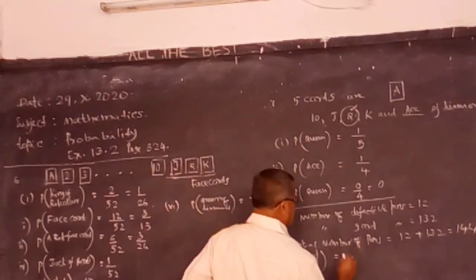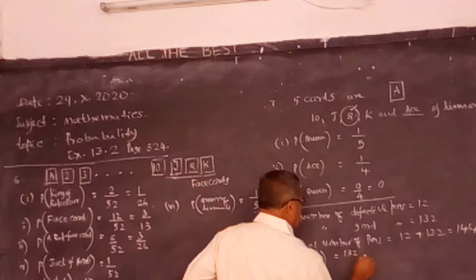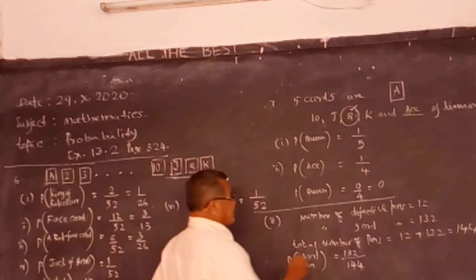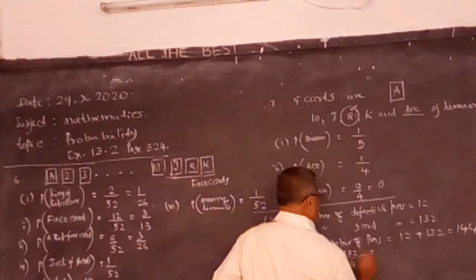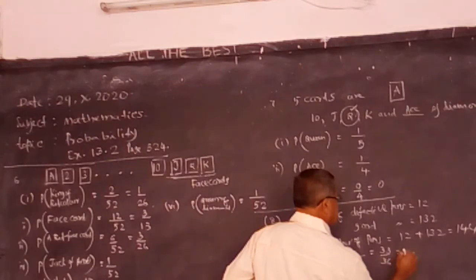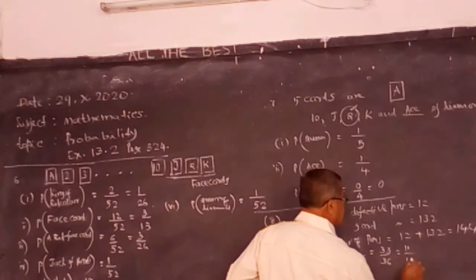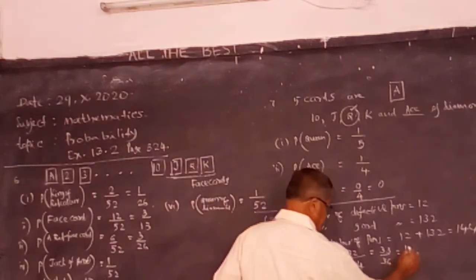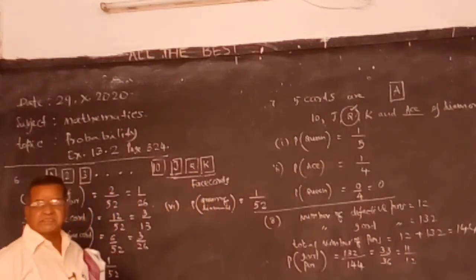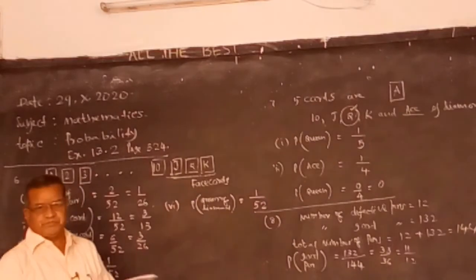Number of favorable outcomes 132 out of 144. Simplify, it is divisible by 4: 4 threes are 12, 4 thirty-threes are 132, and 4 thirty-sixes are 144. Again divisible by 12: 11 by 12. By simplification we get the answer as 11 by 12.